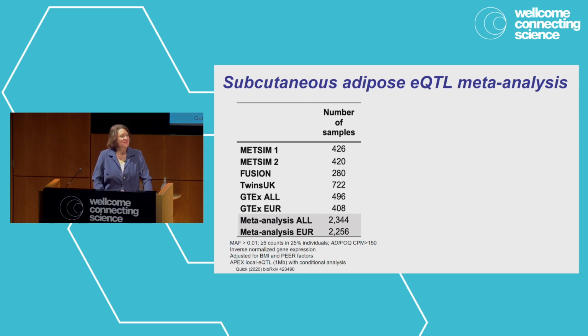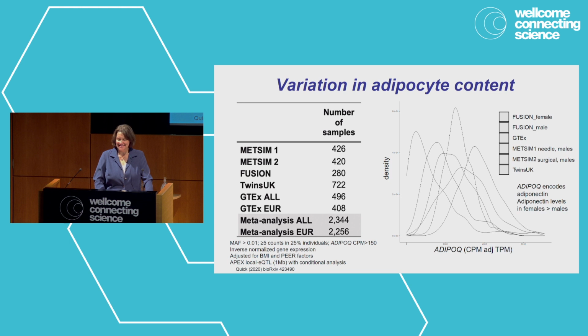When we started doing this analysis, one thing we first identified, that figure did not transfer well, is that there are differences in the quality of the samples across the different studies. You can't see the coloring to know which study is which, but this is AdipoQ expression levels, which are a proxy for adipocytes present in the tissue.